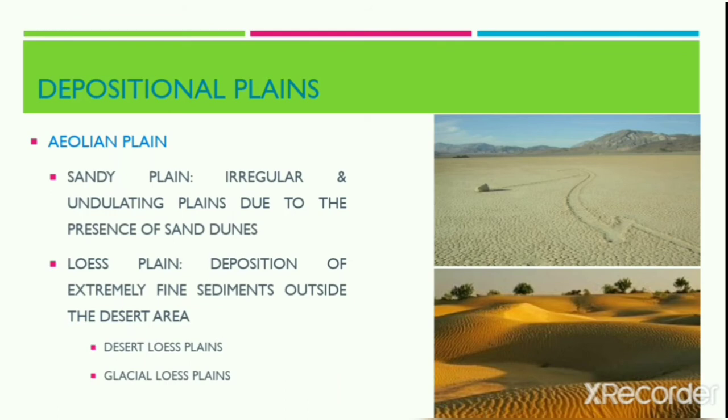You can take the example of the Sahara Desert as such a sandy plain. The loess plains are formed away from the deserts. The loess plains are again classified under two categories: the desert loess plain and the glacial loess plain.